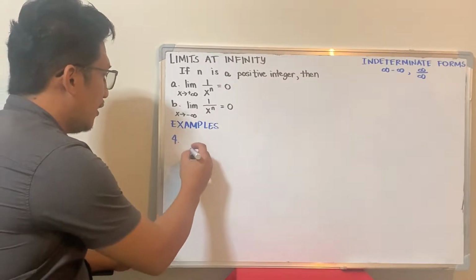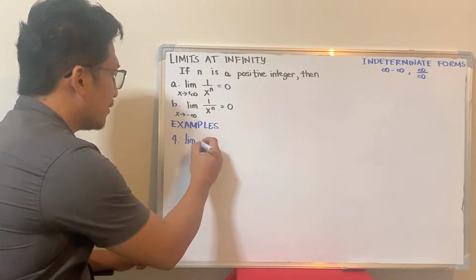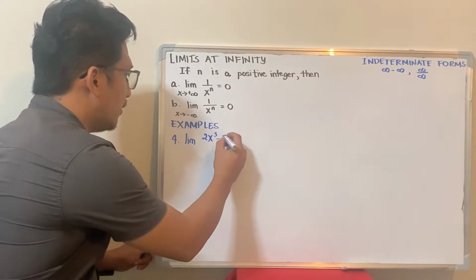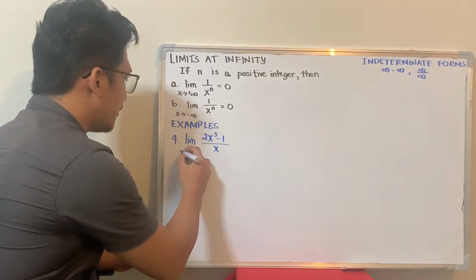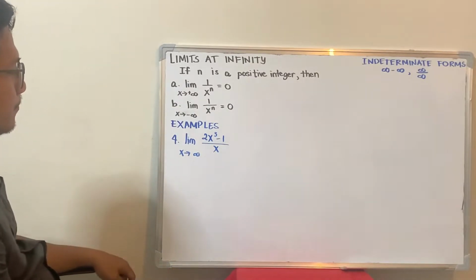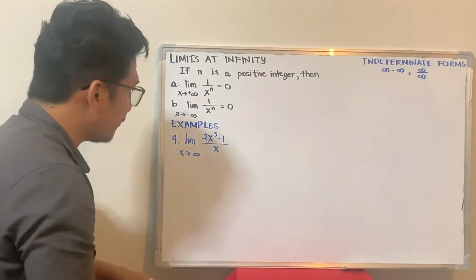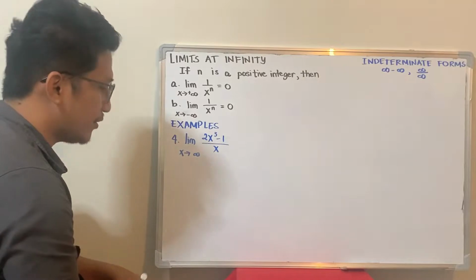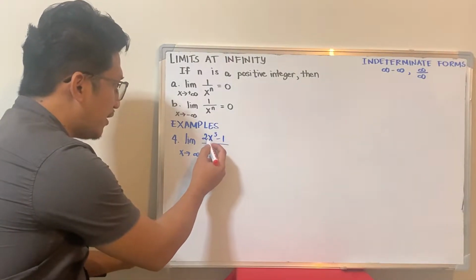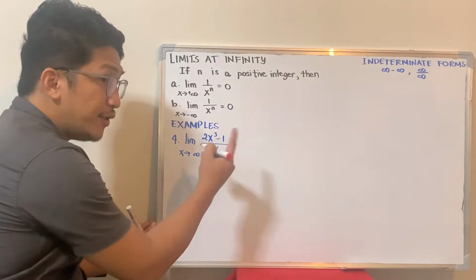If you are to find the limit of the function, let's say 2x cubed minus 1 all over x as x approaches infinity. If you substitute right away, you get infinity cubed, which is infinity, times 2 is infinity, minus 1 is still infinity, right?